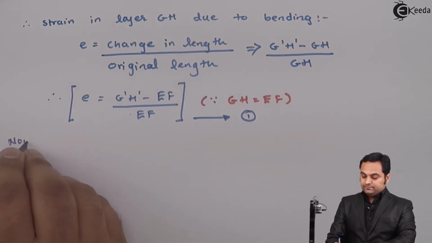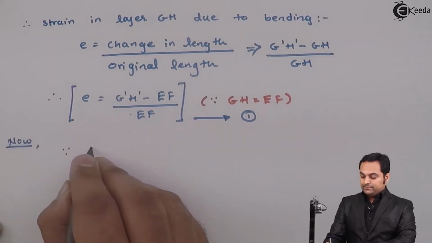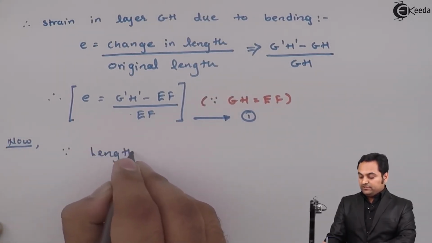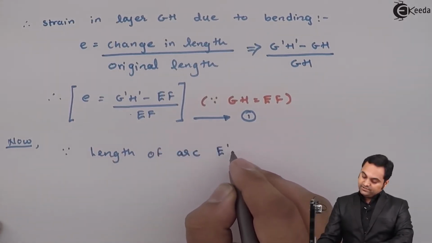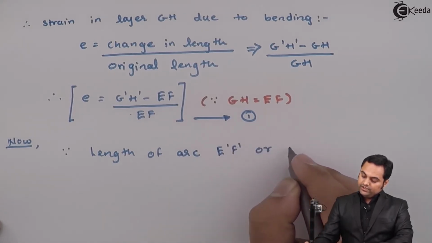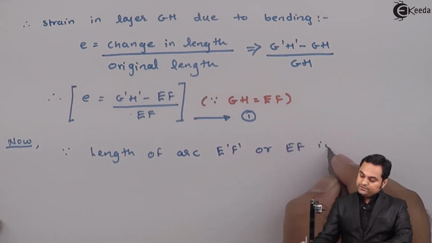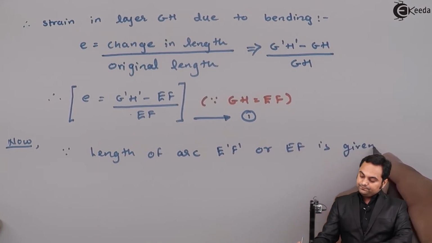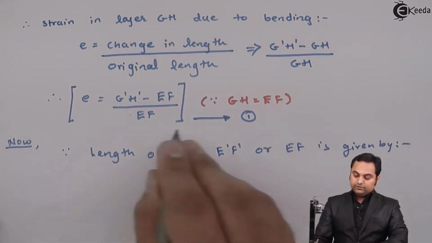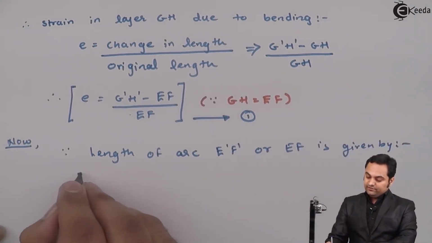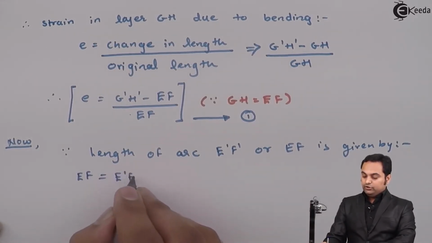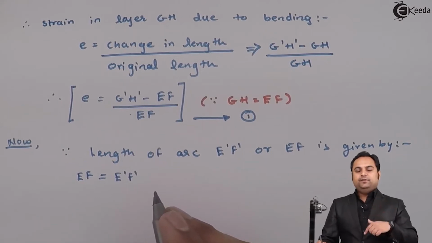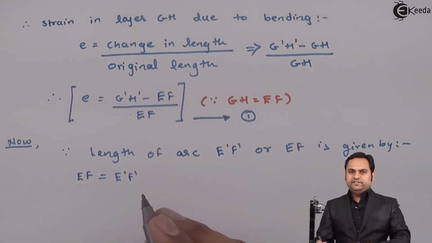Next, the length of arc E dash F dash, or EF, both are the same, because at the neutral axis the length of arc remains the same before and after bending.